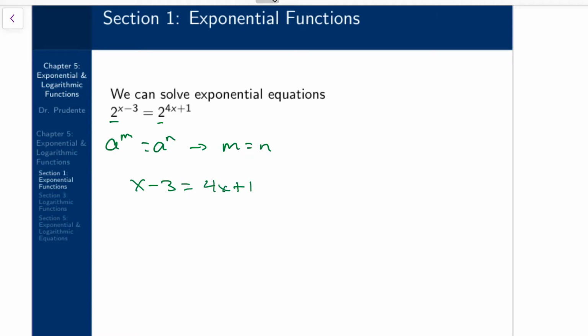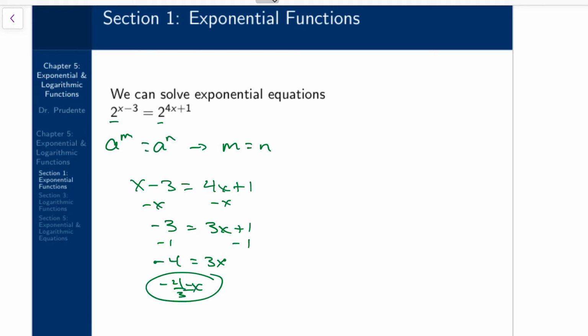We've turned this weird exponential equation into a standard equation that we can solve. We're going to subtract an x. Negative 3 is equal to 3x plus 1. I'll subtract a 1. Negative 4 is equal to 3x, and I'll divide by 3. Negative 4/3 is equal to x.